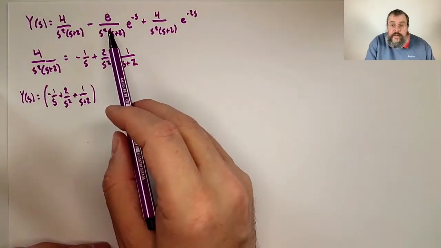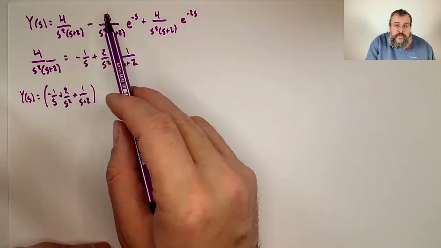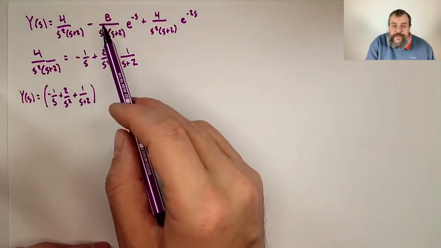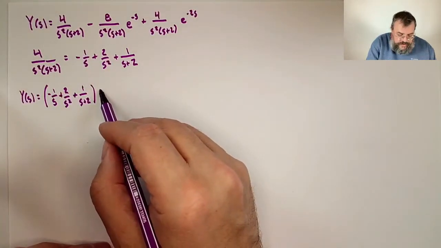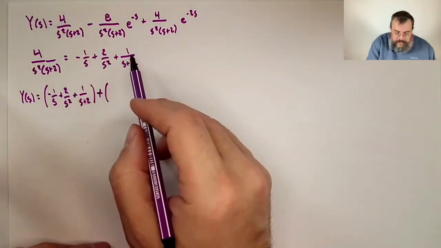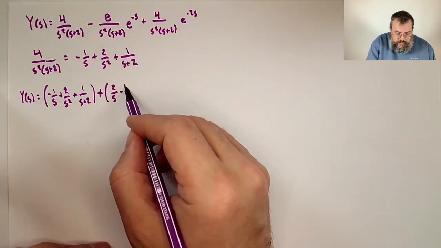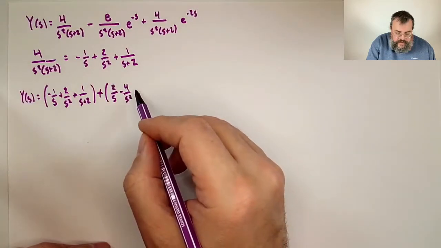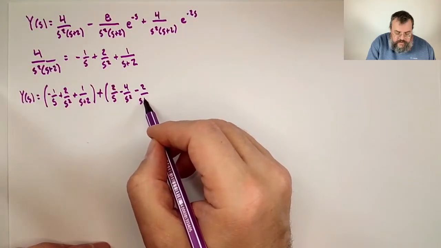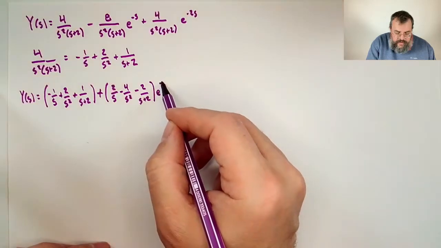Now here, notice these differ by a factor of minus 2. So we can just say, okay, this is the same as multiplying everything by minus 2. So 2 over s, minus 4 over s squared, minus 2 over s plus 2, times e to the minus s.